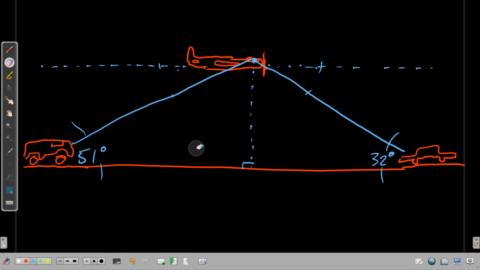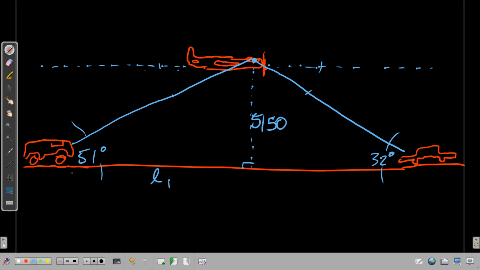What now? Oh, the airplane has an elevation of 5150 feet, so this is 5150. We wouldn't have been able to solve the problem without that. Boy, this looks like a tangent.